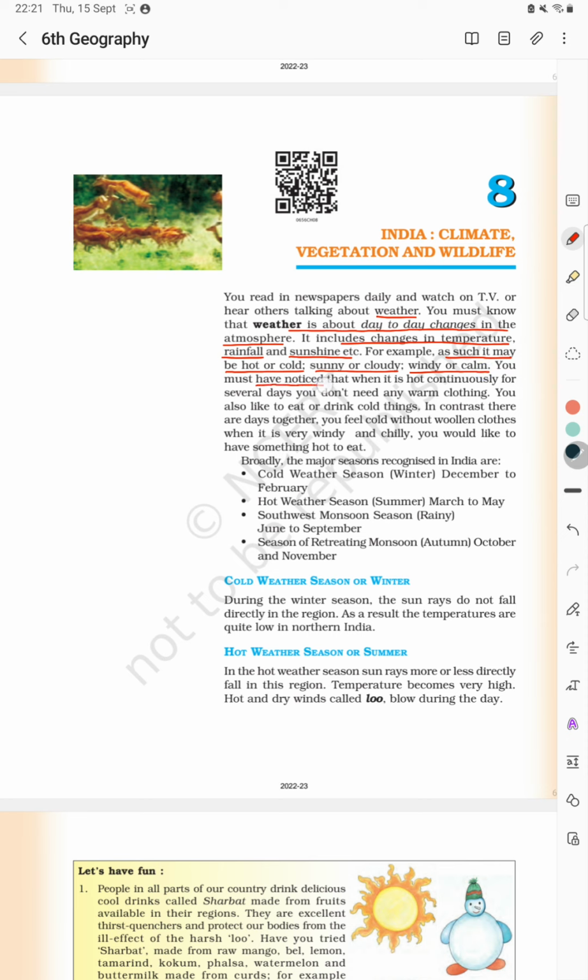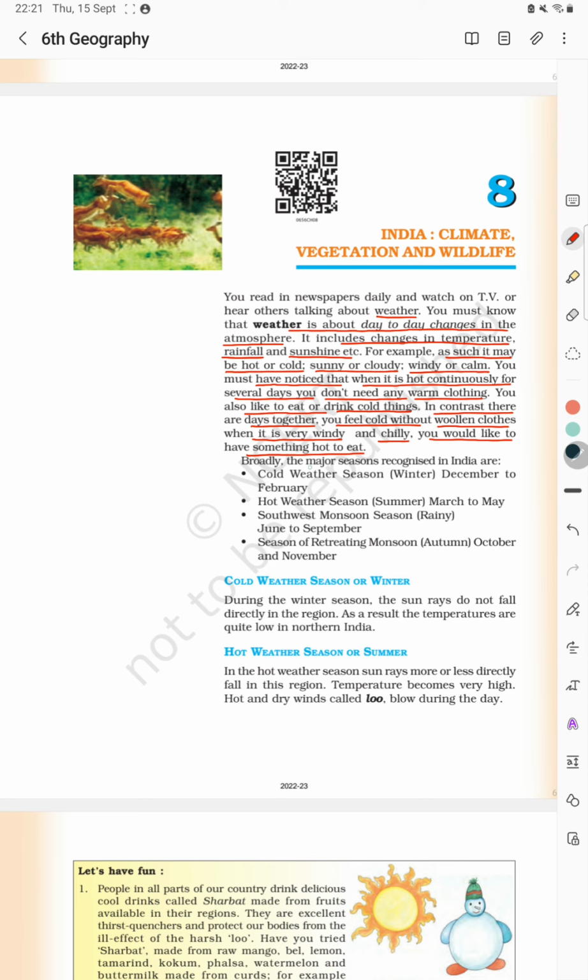When it is hot continuously for several days, you don't need any warm clothing. You also like to eat or drink cold things. In contrast, there are days when you feel cold without woolen clothes, when it is very windy and chilly. You would like to have something hot to eat.